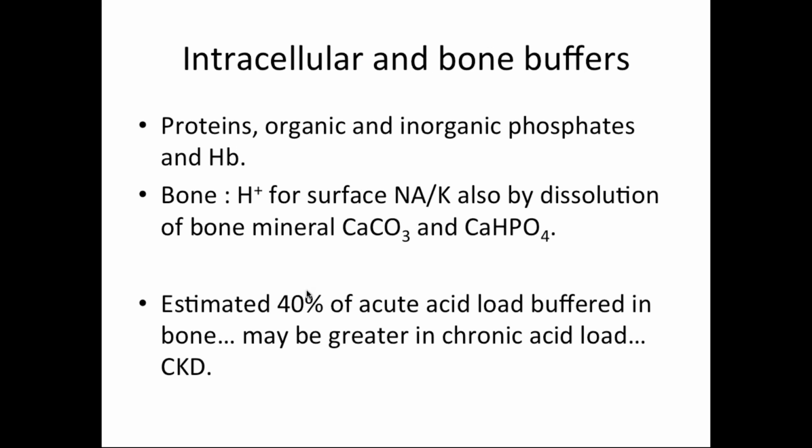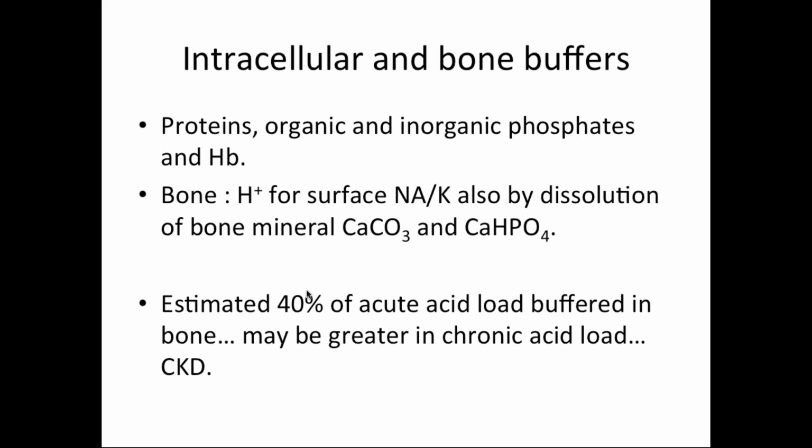So in terms of the buffering in the body, proteins, organic as well as inorganic phosphates, and hemoglobin are there in the intracellular compartment. And then in the bone, the hydrogen ion can be buffered in replacement with the surface sodium and potassium, as well as dissolution of the bone mineral calcium carbonate and calcium phosphate, and that can then buffer the acid load as well.